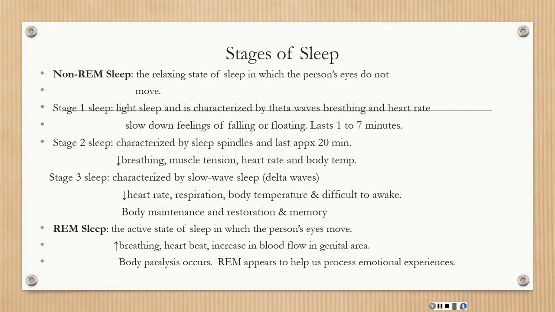So let's get started. Our first cycle of sleep, a 90-minute cycle, we're going from being very alert to feeling more relaxed. Let's say that someone's in bed, and the person is transitioning from being alert to being super relaxed, almost at the place where you want to fall asleep.